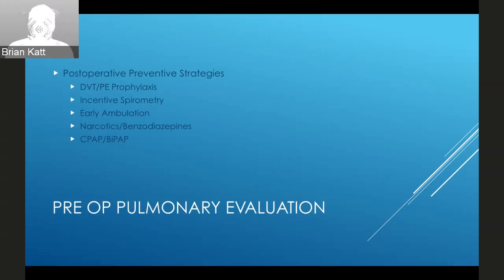Early ambulation, I guess it's actually in orthopedics now. The goal is to discharge people even before they're extubated, I think is now the goal. So early ambulation, obviously something I don't have to preach here, but early ambulation for patients in the postoperative period certainly helps. Again, the quicker we can get people upright, using gravity to drag the diaphragm down, and get them up and moving around is going to be helpful.